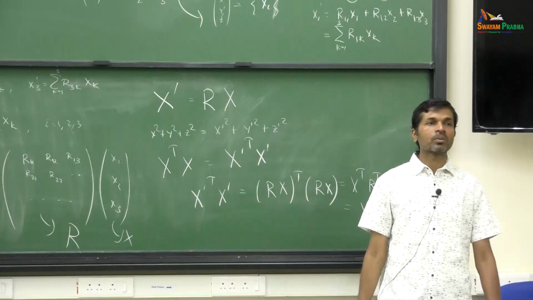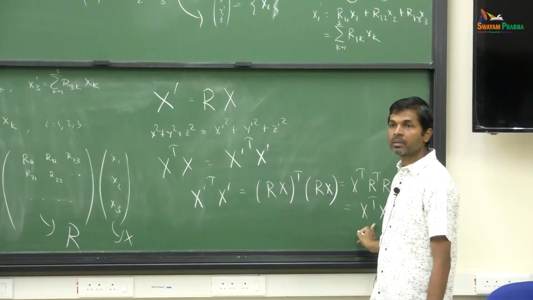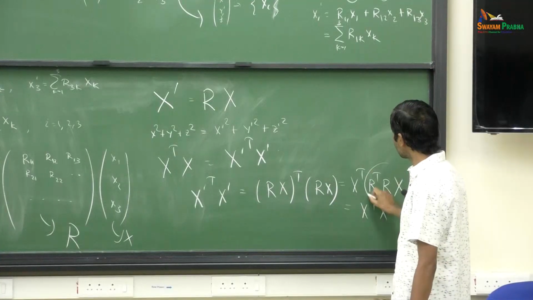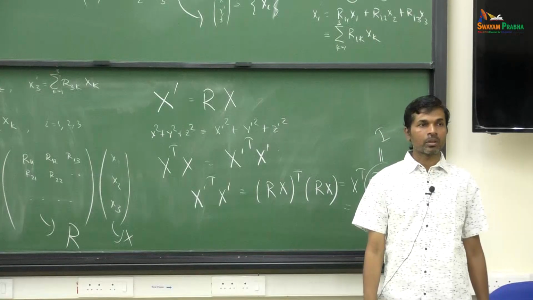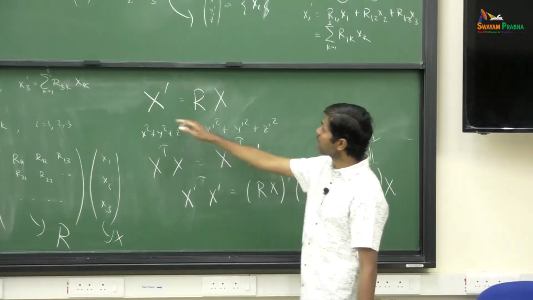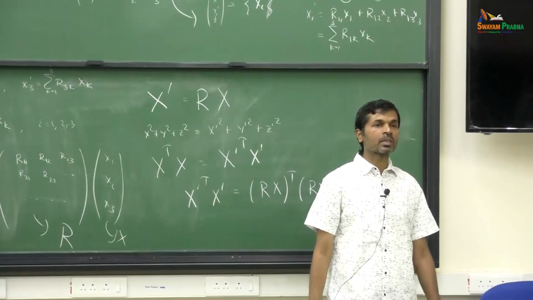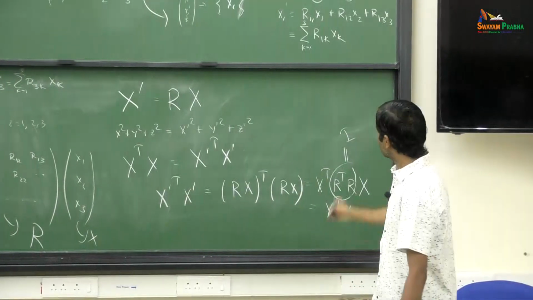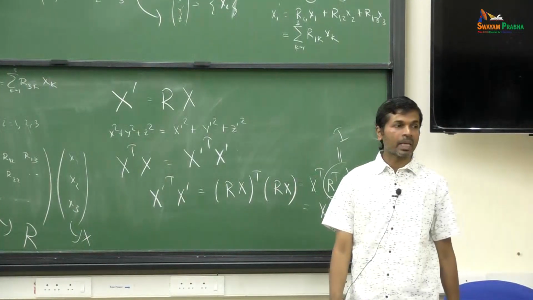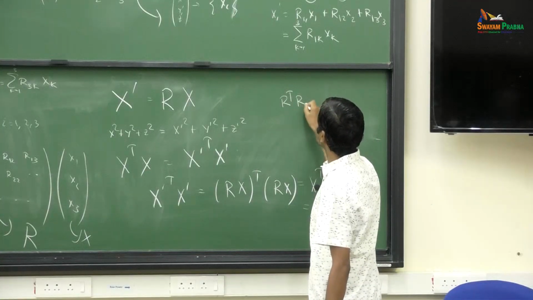If you do not want any restriction on the coordinates, then the only way this relation can be satisfied is if this quantity becomes identity. Okay? So this is the most general linear transformation, but this transformation will keep the length unchanged provided R transpose R equal to identity.